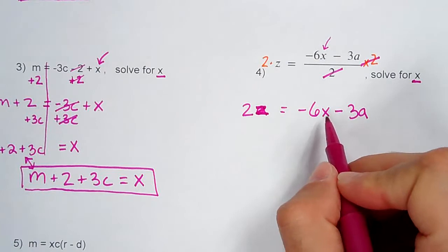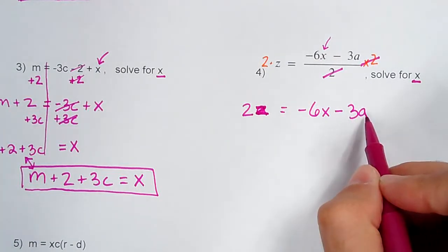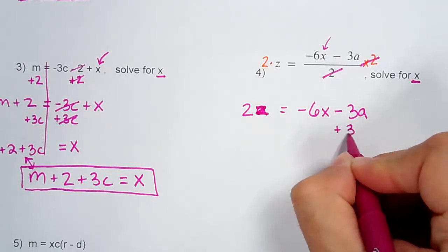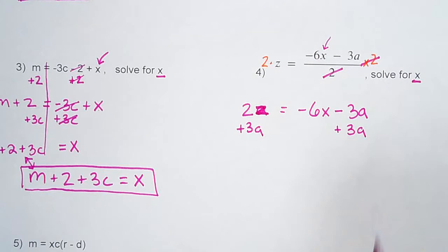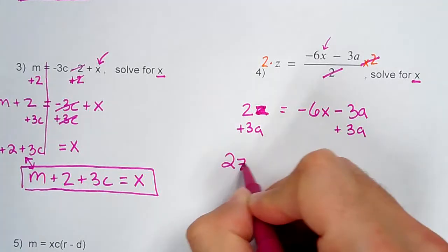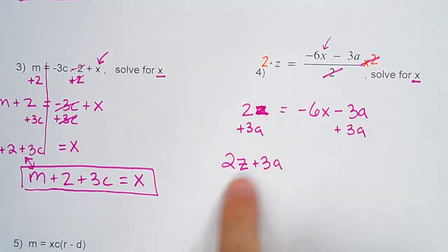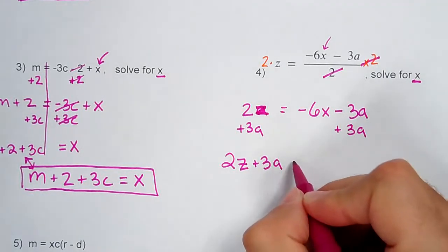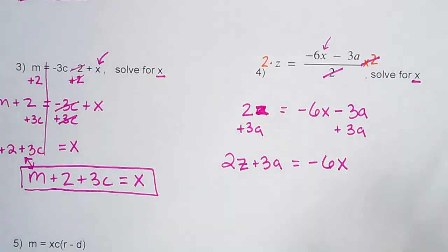Next, I'm working to get x by itself, so I need to get rid of this term, minus 3a. So we're going to add 3a. So I have 2z plus 3a, can't combine, unlike terms, equal to negative 6x.